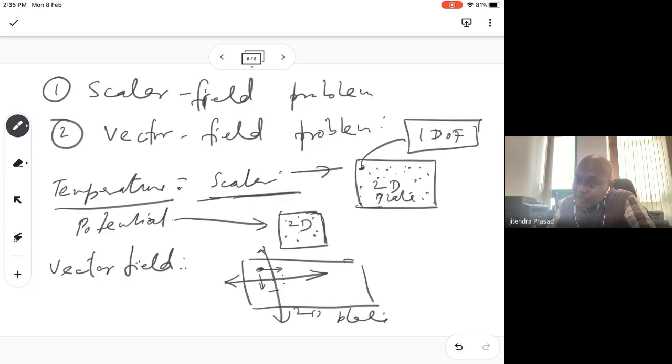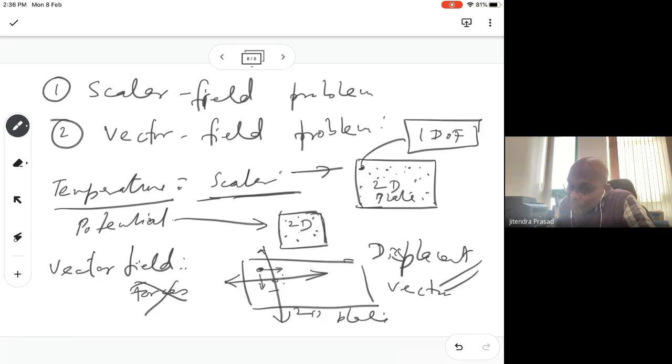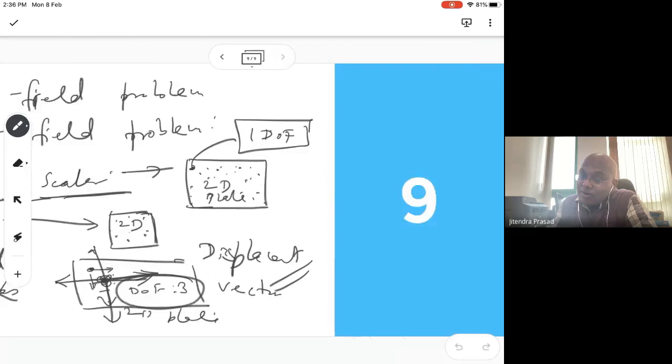That means all 3 components are important, and each can work independently. Displacements are vectors, so this point can go this side, come down or go up, and all of them can independently exist. Hence the degree of freedom in this case becomes 3.